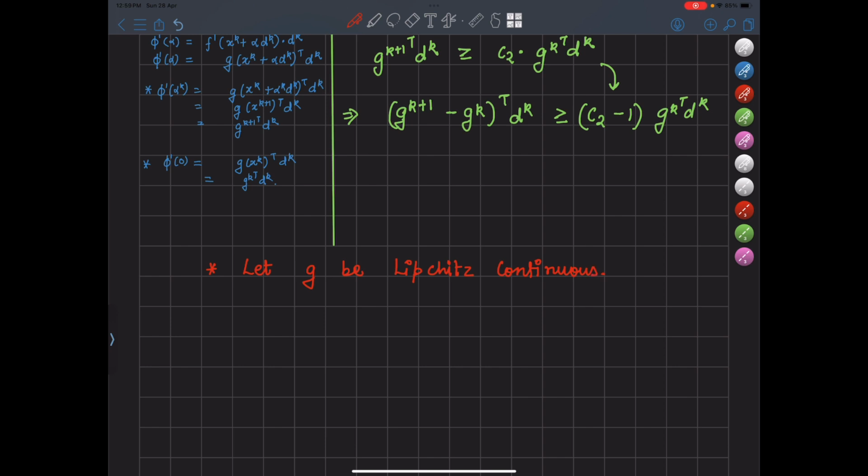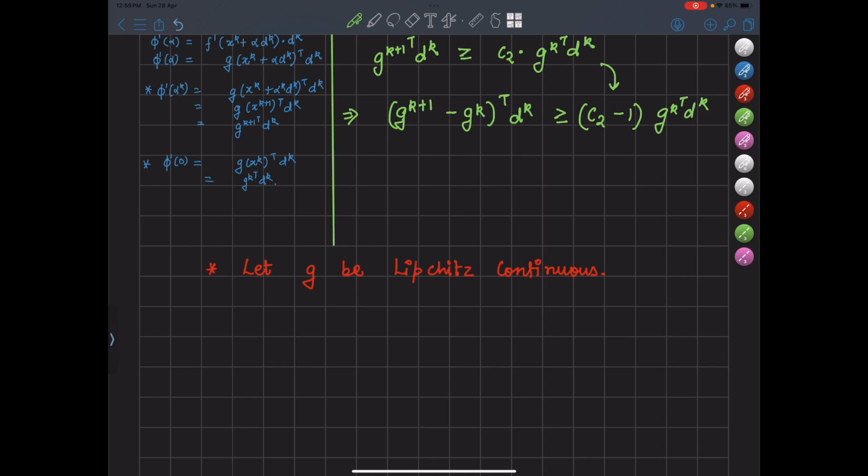So what is Lipschitz continuity? We'll not go into detail about Lipschitz continuity. This will be taught in the first real analysis course that you will learn. So we'll just briefly go over it.